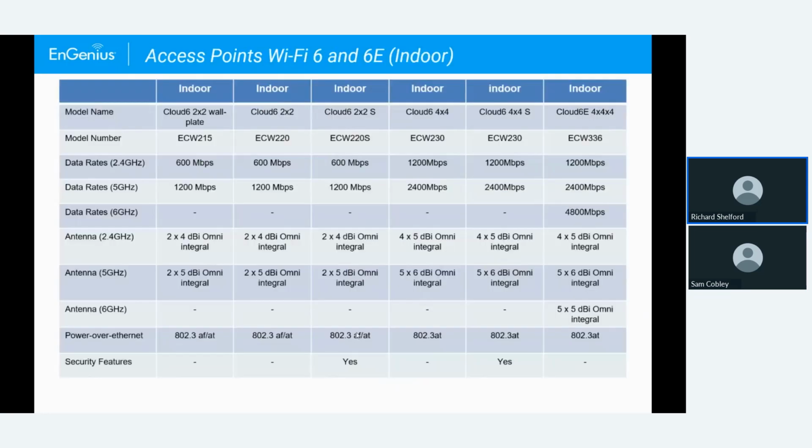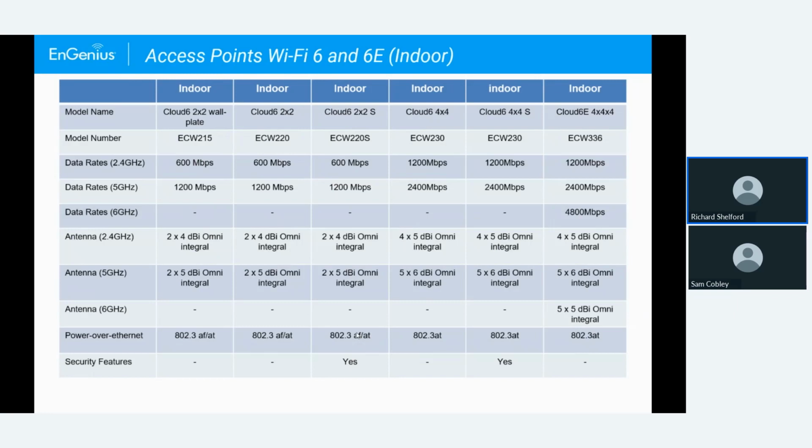There are a number of access points available. So we've got indoor access points, wall plate APs, Wi-Fi 5 APs, Wi-Fi 6 APs, and there is also a Wi-Fi 6E access point available. Additionally to what I'm going to call a standard access point, there are a couple of what we call security access points.